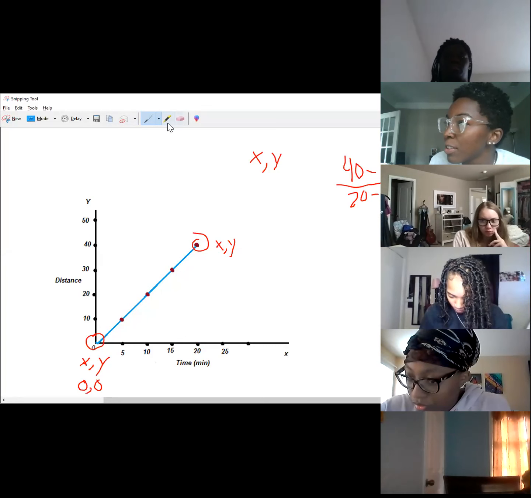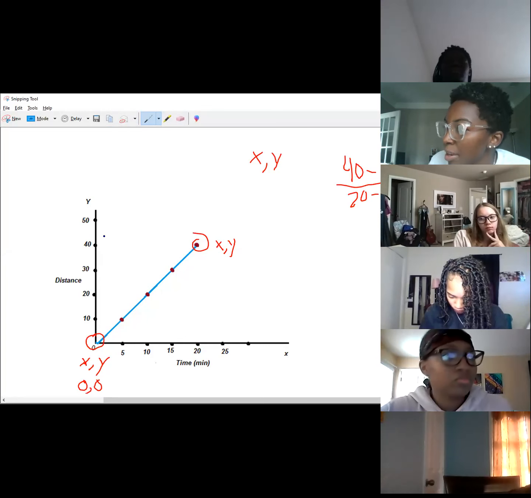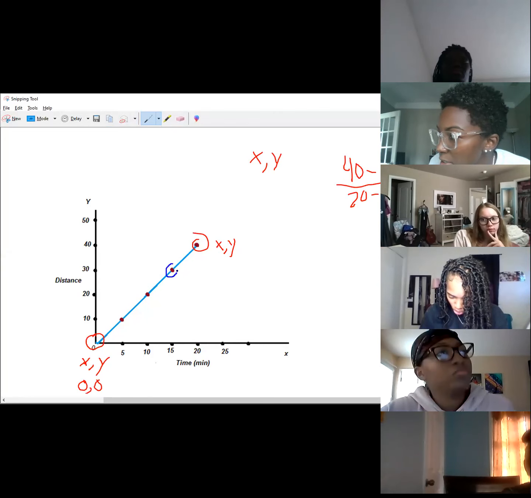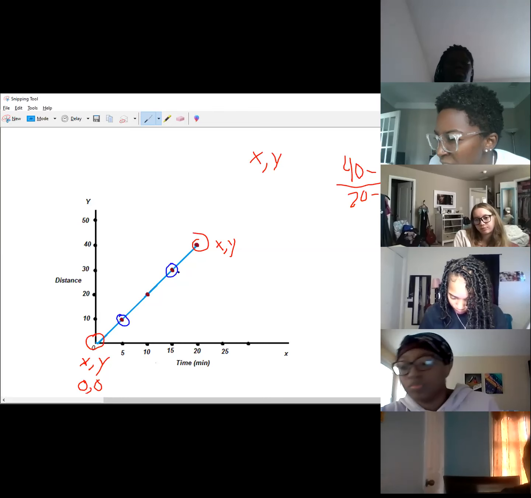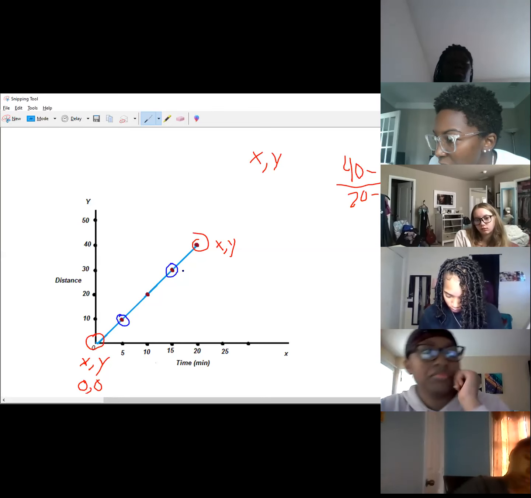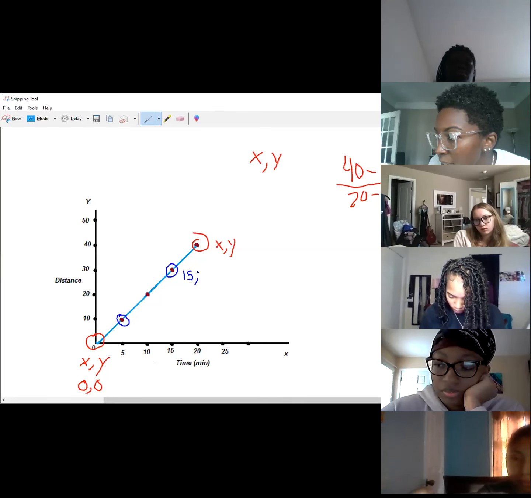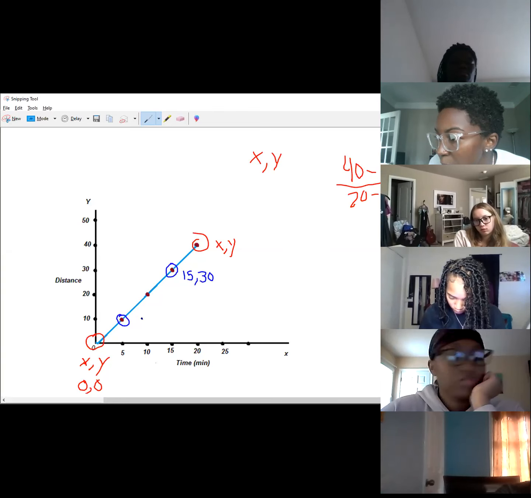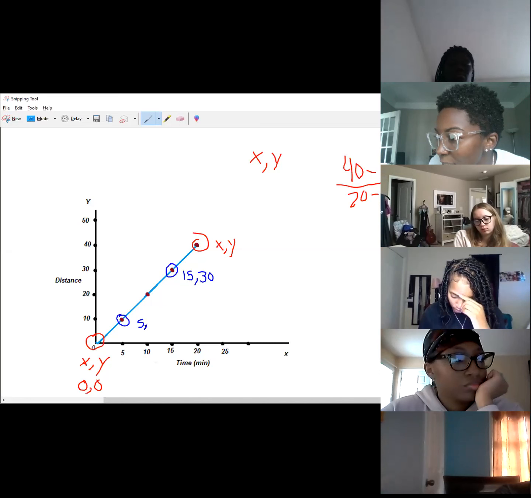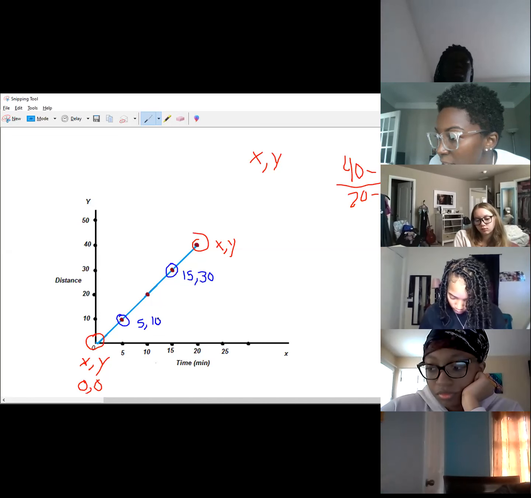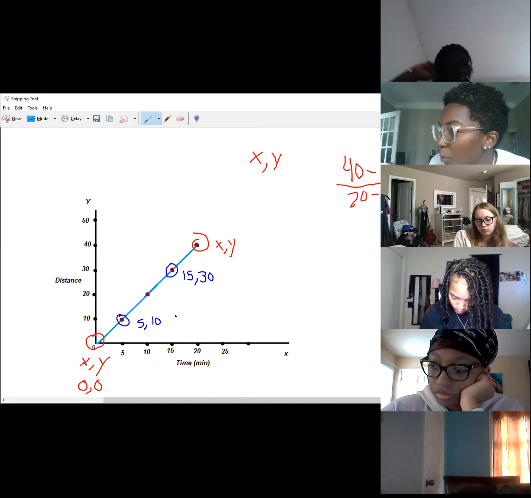Okay. So let me do another point just to show you it'd be the same thing. Let's do this one and this one. So in the blue, my X here is 15 and my Y is 30. And down here, my X is 5 and my Y is 10. So if I did my Y's first, 30 minus 10.